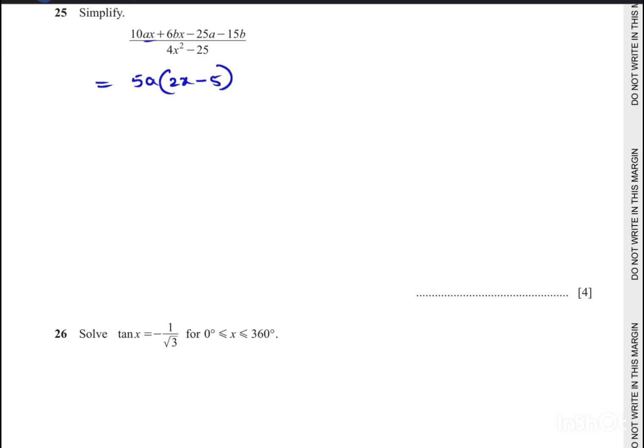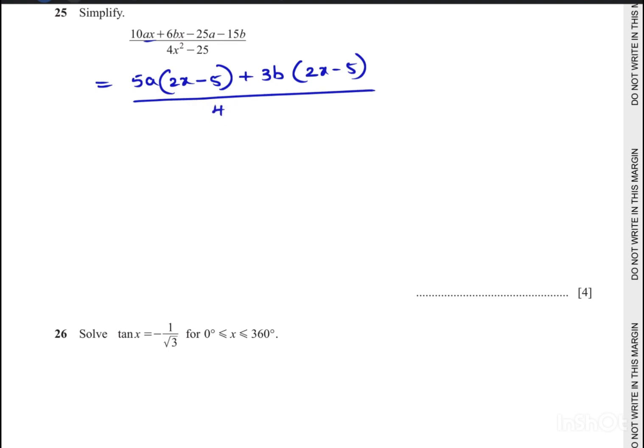Next these two terms, now we need to take 3 common, because 6 and 15 have common factor 3. So 3B if I take common, next again the term in the bracket will be 2x minus 5. This is regrouping.